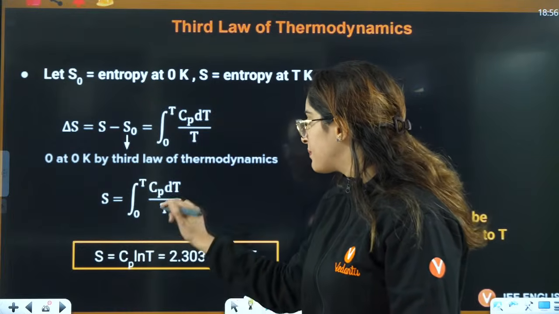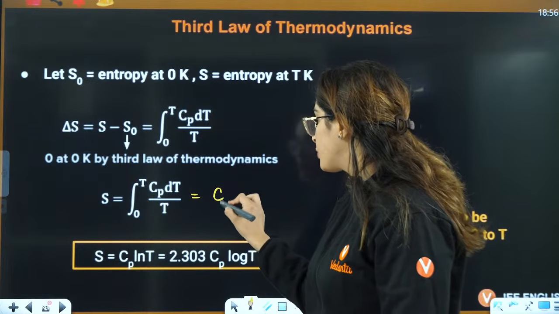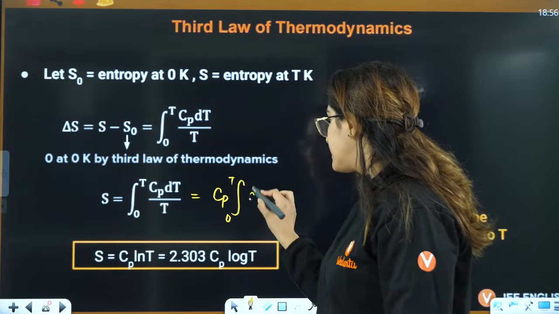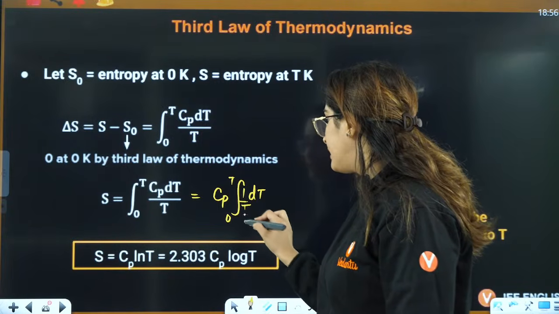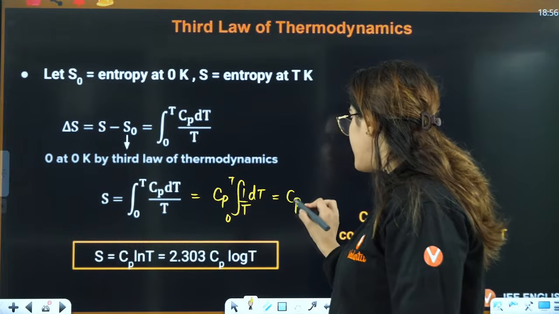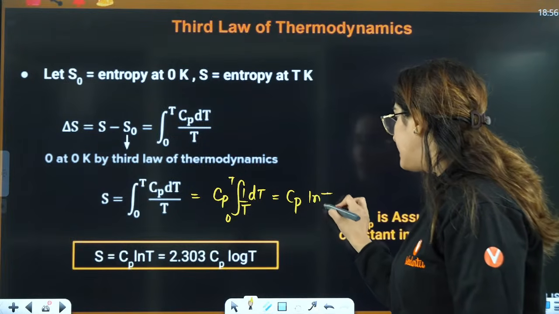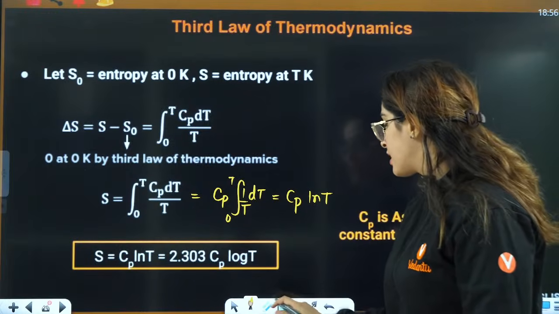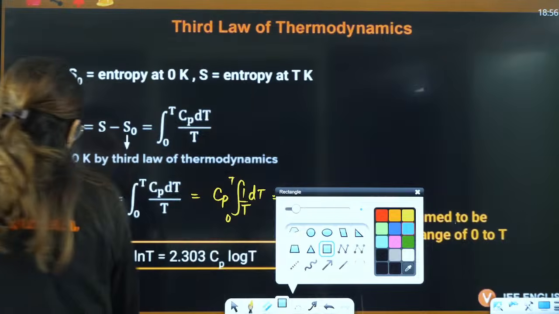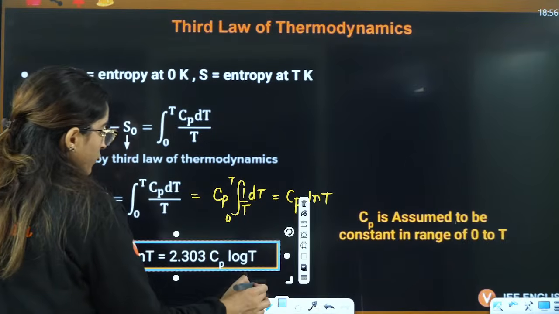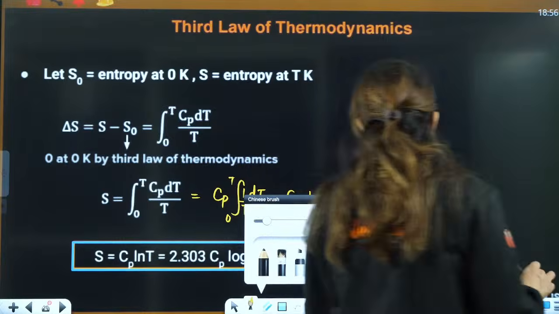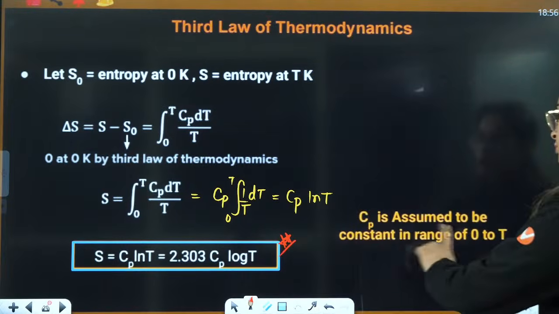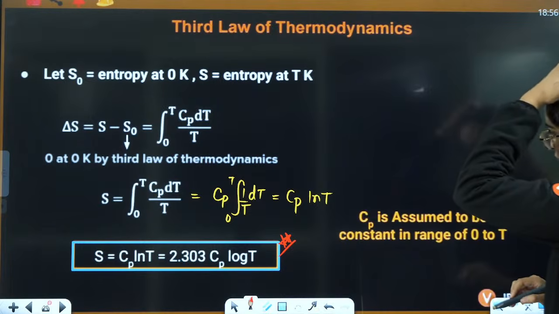Cp you take common, and the integral of dT by T gives Cp ln of T. Ln of T is 2.303 log of T, and that is the equation you must remember, where Cp is assumed to be constant over the range 0 to T.